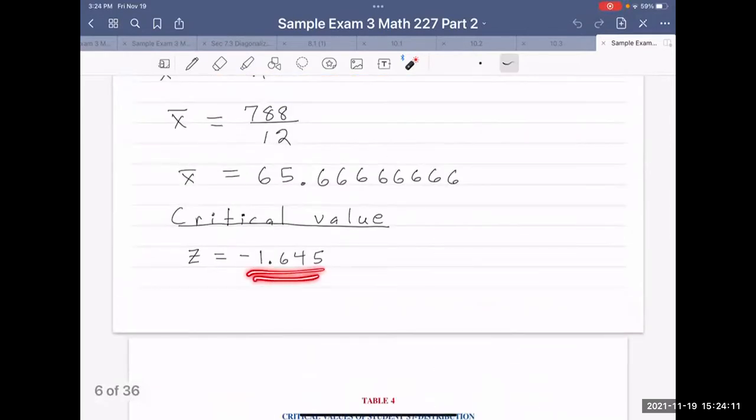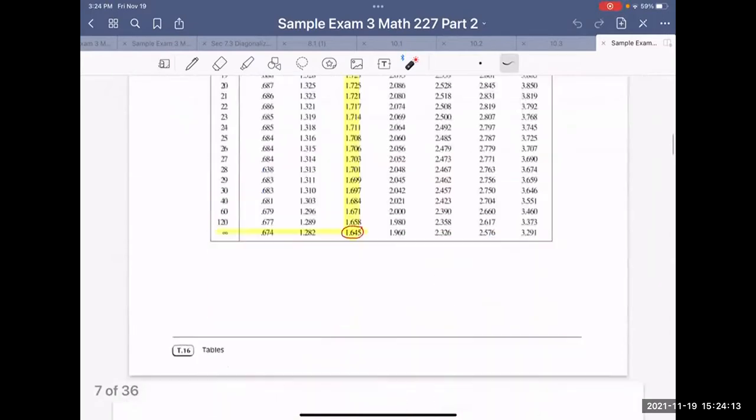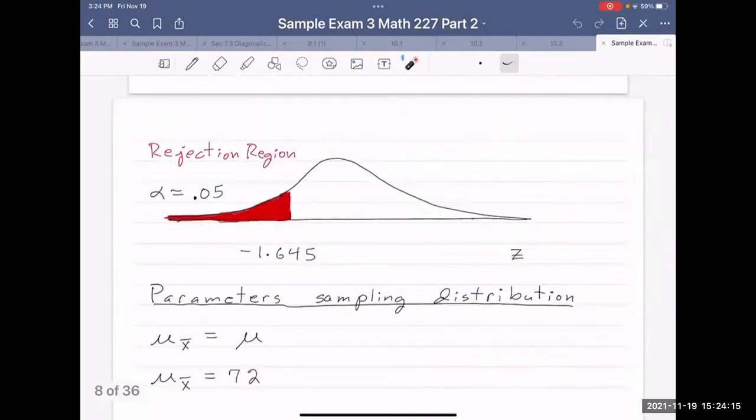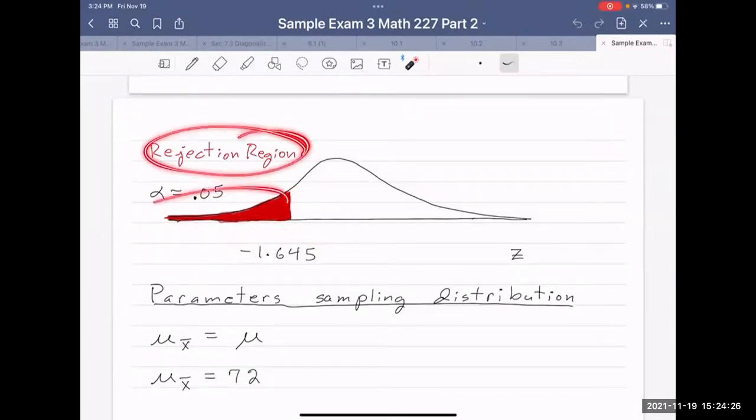This is left-tailed. And so alpha here is 0.05. This is a left-tailed test. And so this is my rejection region for values of z less than negative 1.645.